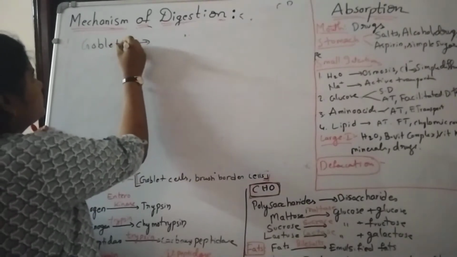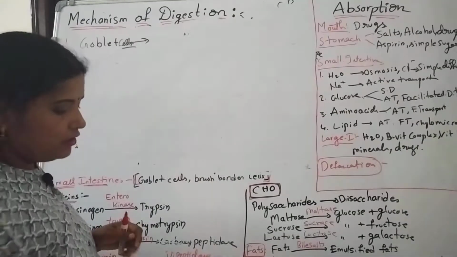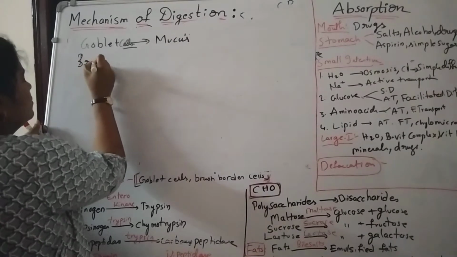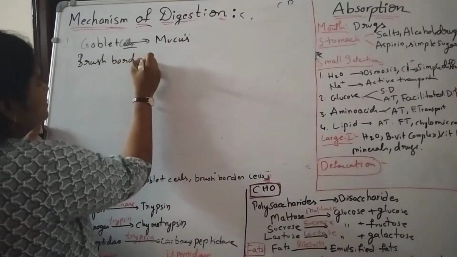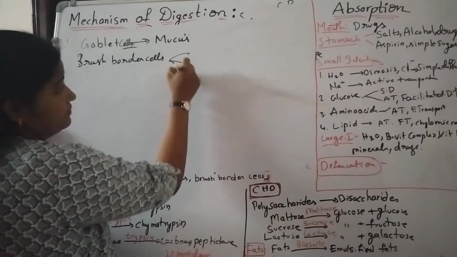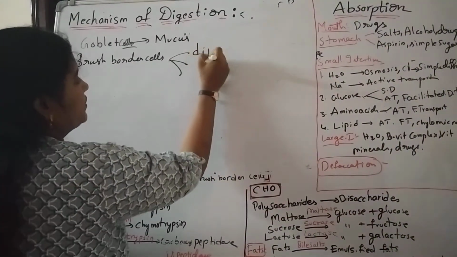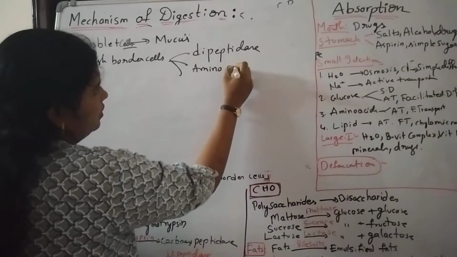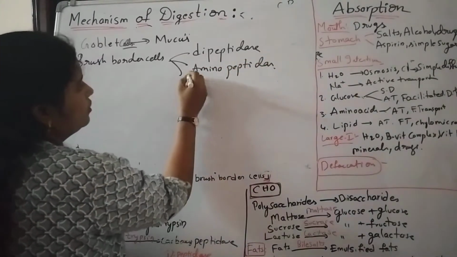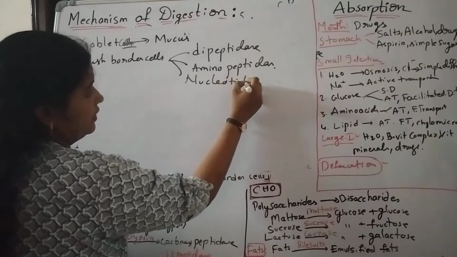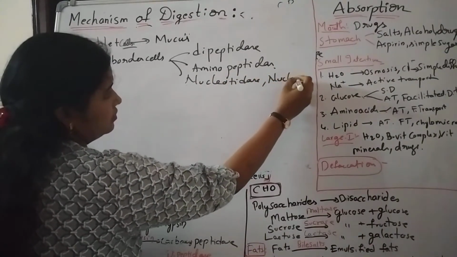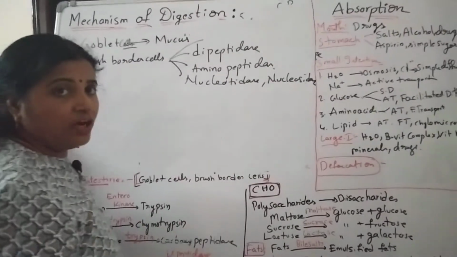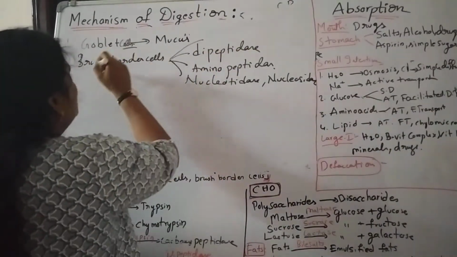Goblet cells secrete mucus, and then brush border cells secrete many enzymes: dipeptidases, aminopeptidases, nucleotidases, nucleosidases, and even carbohydrates are also digested in the small intestine.